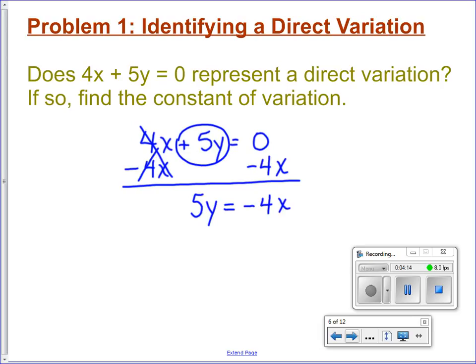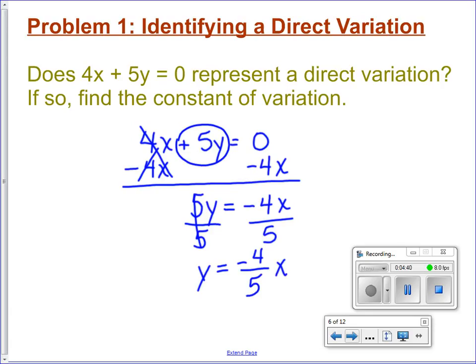In order to isolate the y and undo the multiplication of 5 times y, I'm going to divide by 5. 5y divided by 5 is 1y. And on the right side, I have negative 4x over 5, which can also be written as negative 4/5 times x.